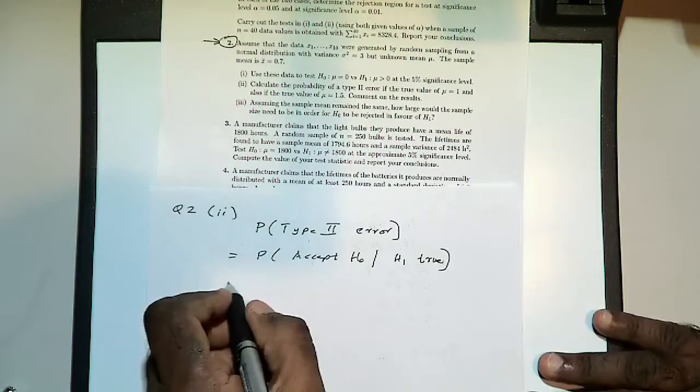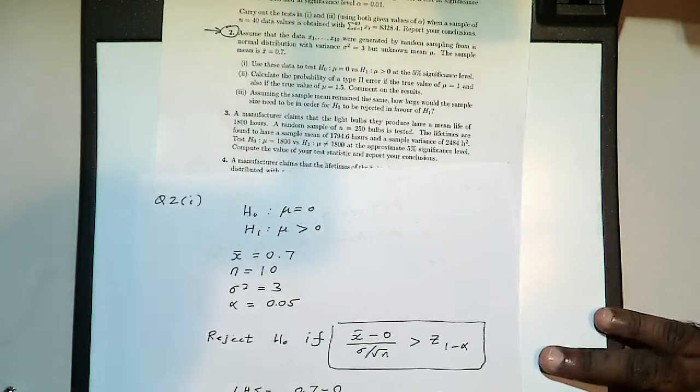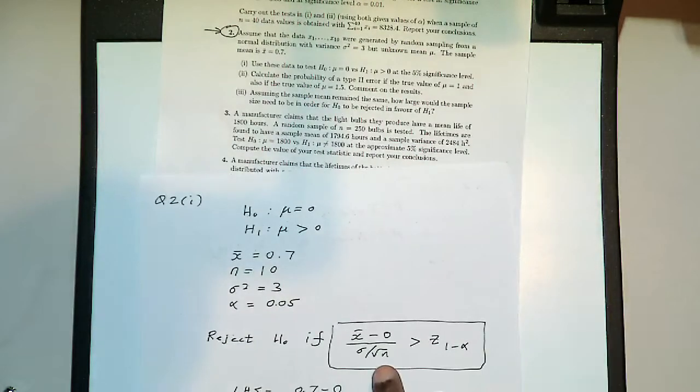Now, this is the rule for rejecting the null hypothesis, so the probability for accepting will be the opposite of this rule. So instead of greater than, you will have less than or equal to.